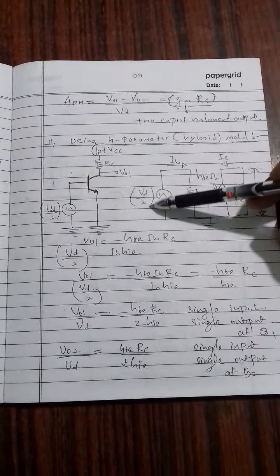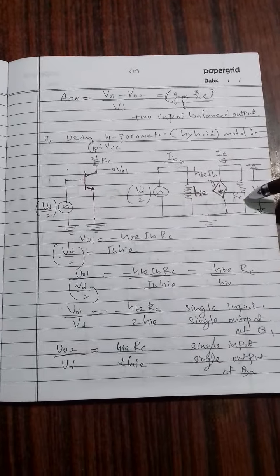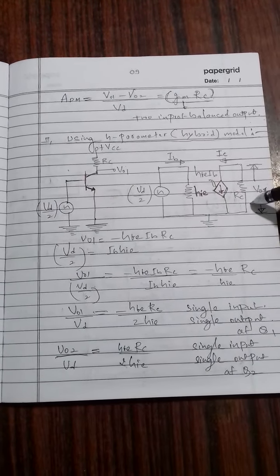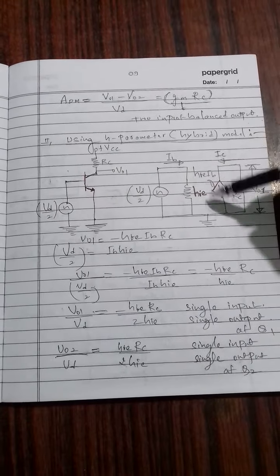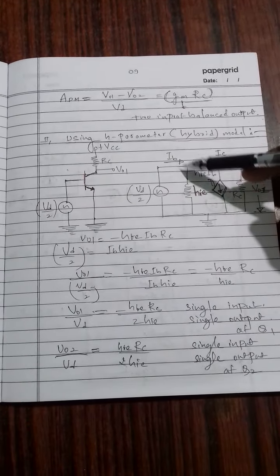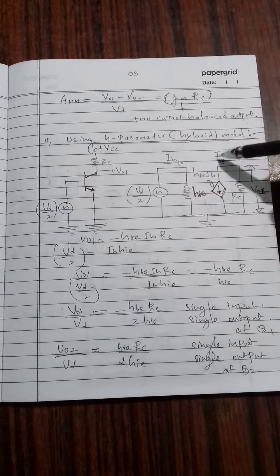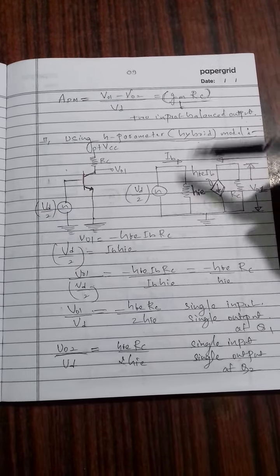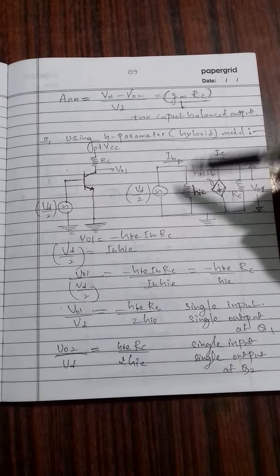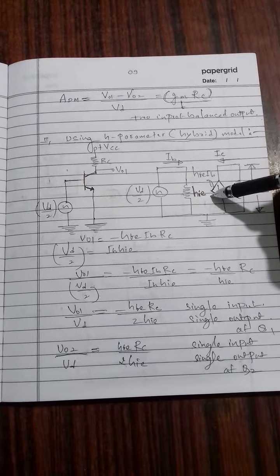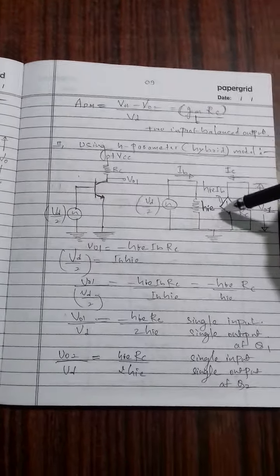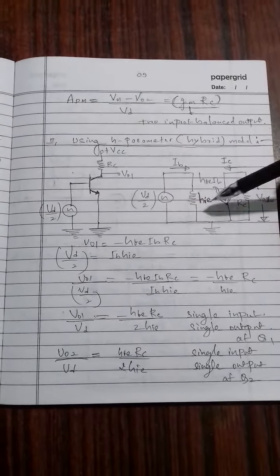This is the input voltage, and this is Rc, the output resistance. The input current is the base current, here it is the collector current, and the transistor is replaced by its hybrid equivalent model.